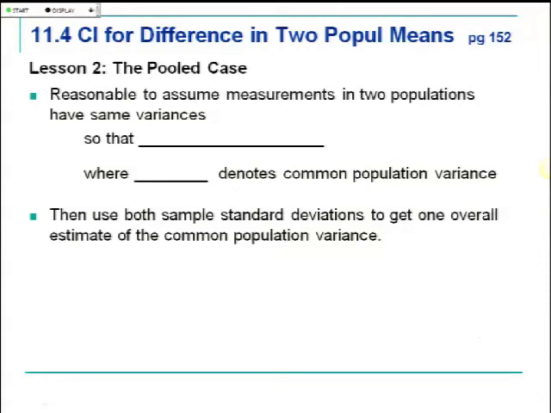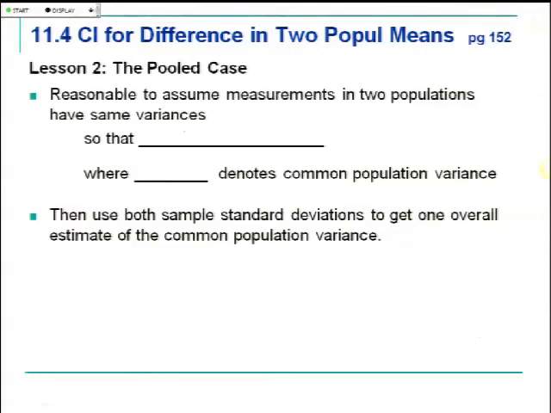If it's reasonable to assume that the measurements in that first population vary with about the same variability as those measurements in the second population, then I can do a pooled technique instead. Is it reasonable to assume that the measurements in your two populations have the same variance or same standard deviation?